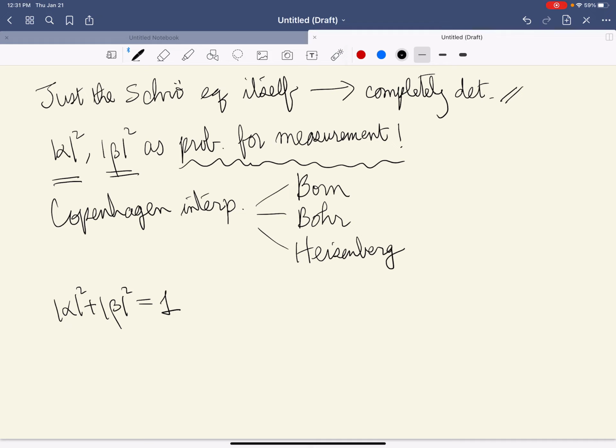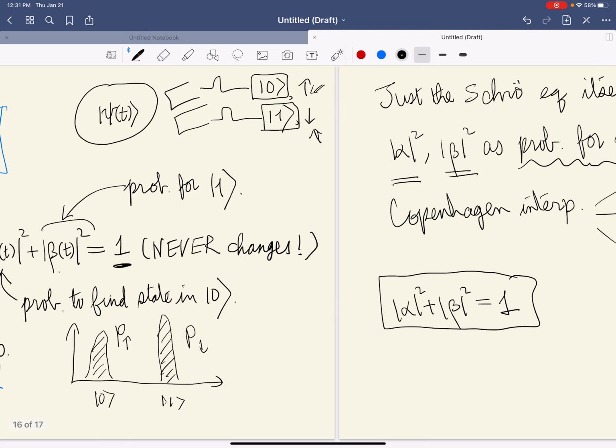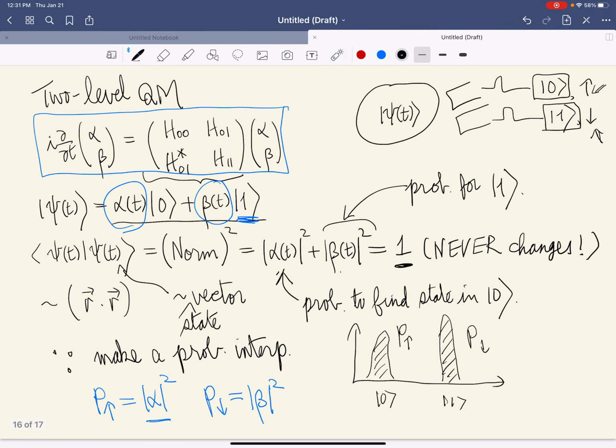Otherwise the probability interpretation simply breaks down at its foundation. So we have to stick to this. Okay, so now let's get back to the Schrödinger equation. The Schrödinger equation says that the coefficients obey this sort of dynamics.